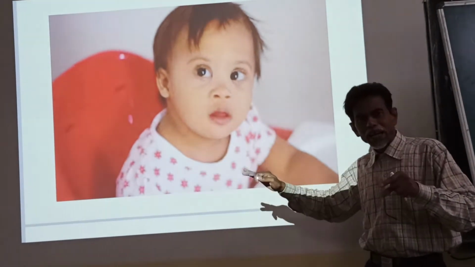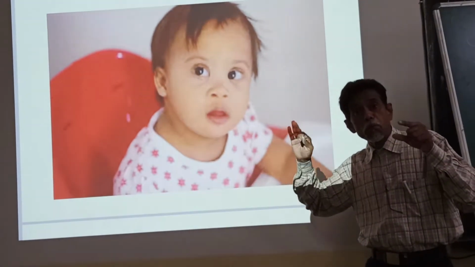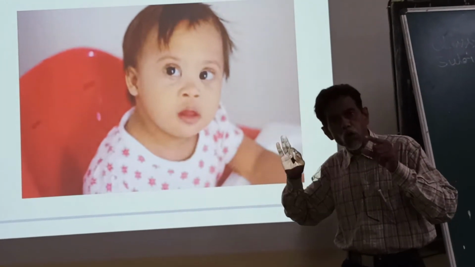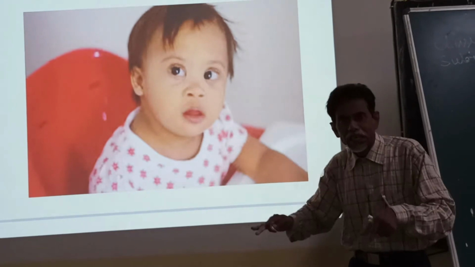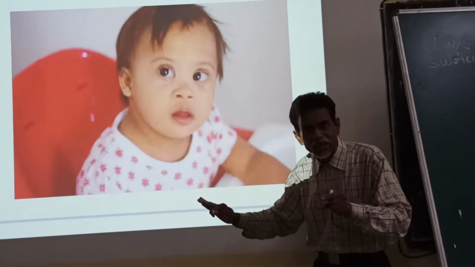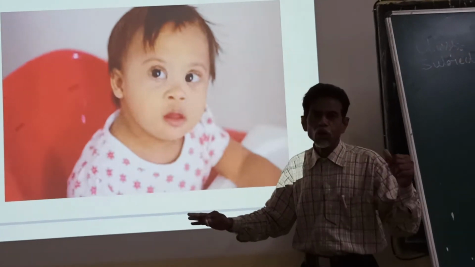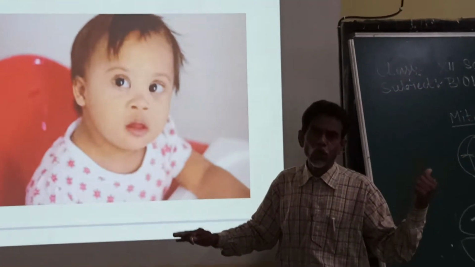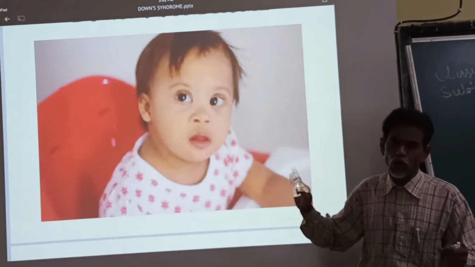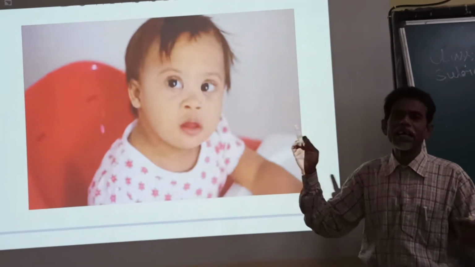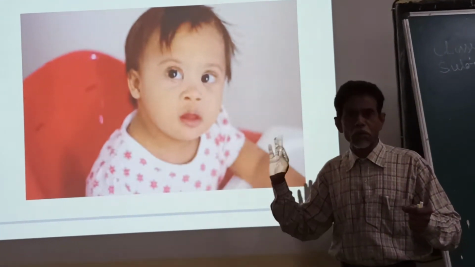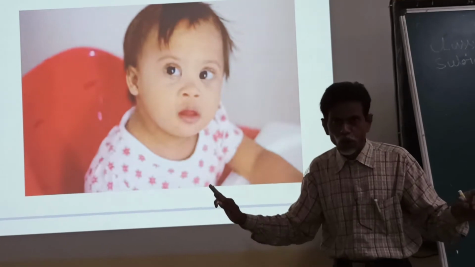These are the appearances. But the most important problem of this child is the psychomotor, physical and mental abnormalities due to this trisomy of the 21st chromosome called Down syndrome. Here there is an additional extra autosome in the 21st chromosome. Is that clear to you?